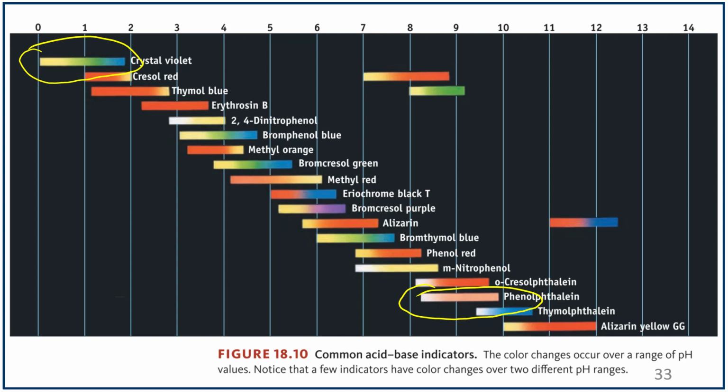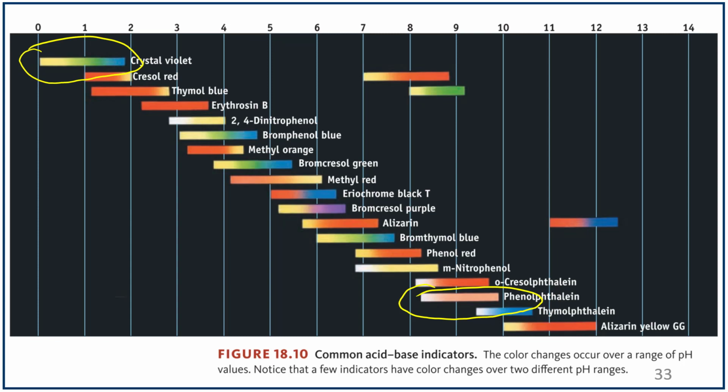So in other words, you cannot, I repeat, you cannot use crystal violet when titrating strong acids and strong bases because the equivalence point is at 7. At the same time, if you're titrating a weak base with a strong acid in which the equivalence point should occur at acidic pH, you cannot use phenolphthalein.